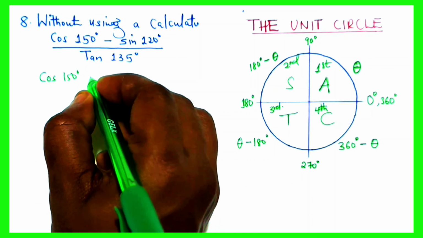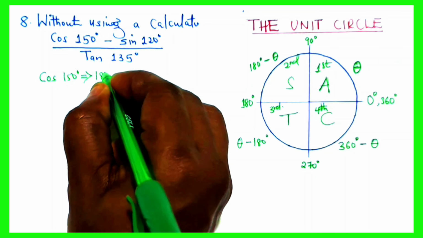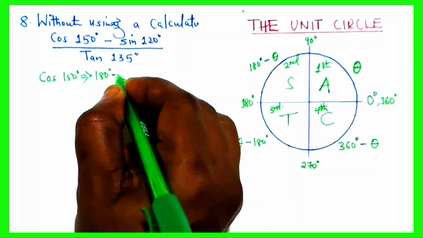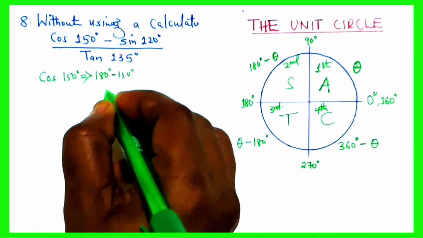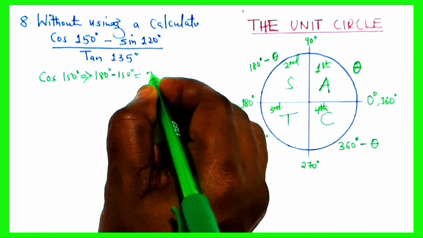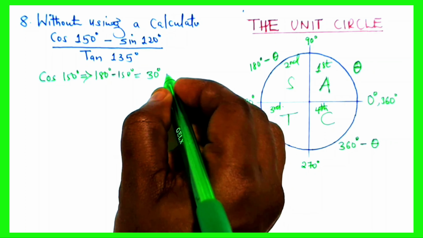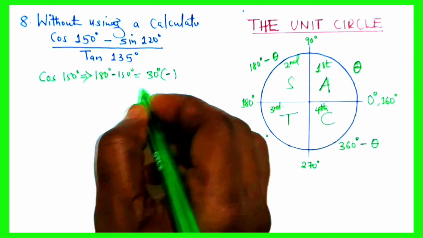But that angle will simply be 180 degrees to subtract 150 degrees. So this should be the cos of 30 degrees, and this angle here will be negative.